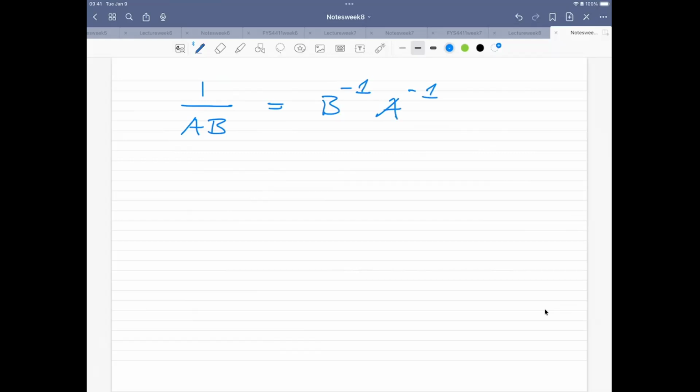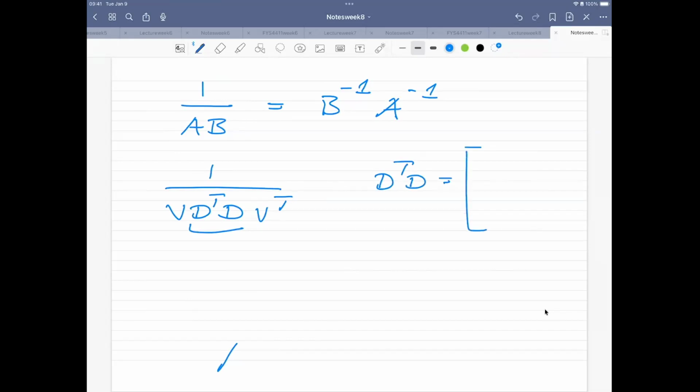So keep in mind now that the denominator, in our case, looks like V D^T times D times V^T. This is a square matrix, and this D^T D, when I calculate that one, contains only variables which are non-zero by definition.